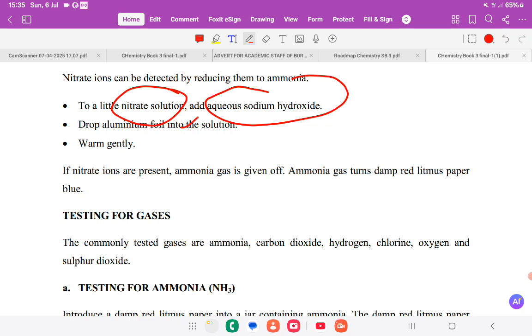So this procedure is a bit involving. We are saying that first of all, the nitrate ions should be reduced to ammonia.